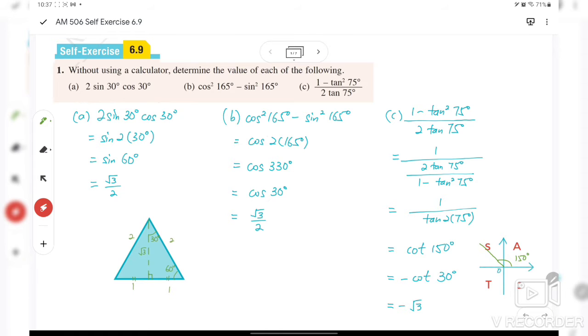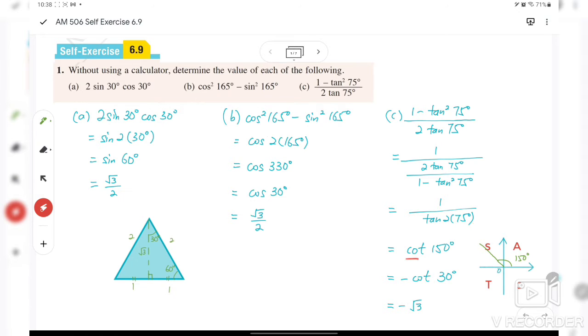C. 1 minus tangent square of 75 degree over 2 tangent 75 degree. From here, we can see that it is the flip of 2 tangent 75 degree over 1 minus tangent square of 75 degree, which is 1 over tangent 2 times 75 degree.